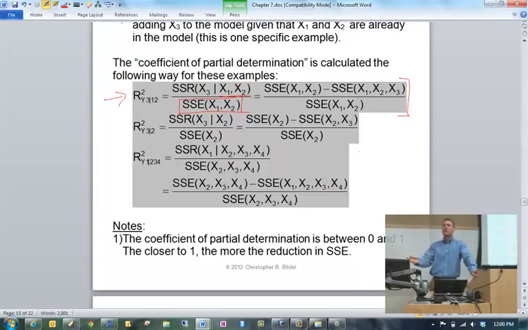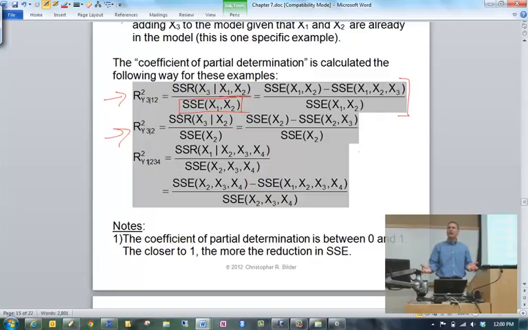SSTO was the worst you could do if you didn't include any variables in the model. But now if we include x1 and x2 in the model, what's the worst that we could do? SSE given x1, x2 in the model. And then in the numerator we put how much is gained from including x3. Just to make sure the point's clear, suppose I look at R squared y3 given 2. That says SSR of x3 given x2 divided by SSE of x2.